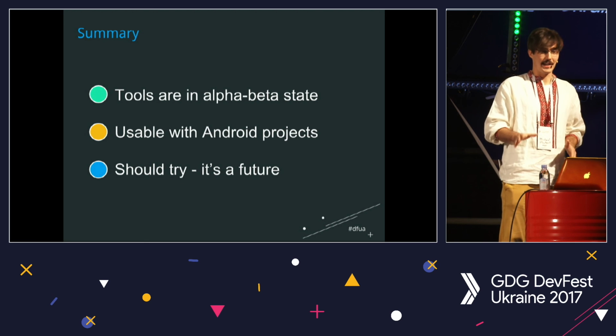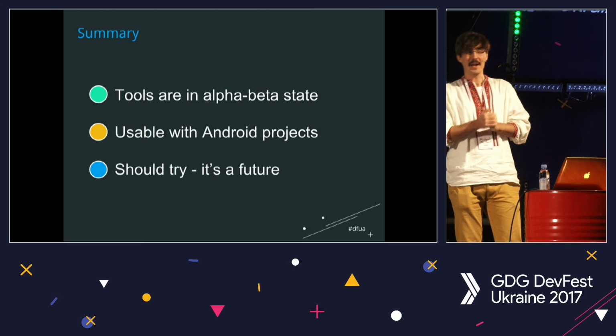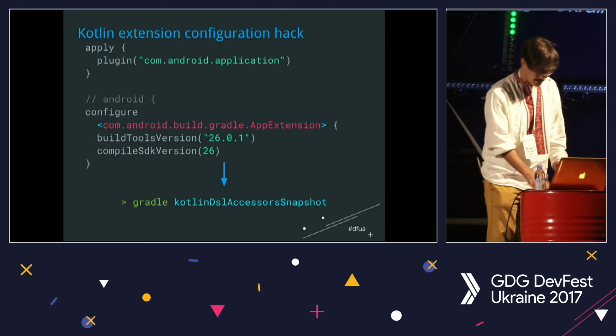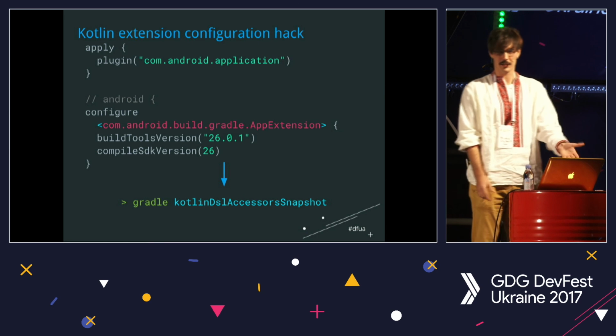Anyway, you should try it, because when it works, it's like magic. You have all the auto-completion stuff, documentation. It's really comfortable to work with your build script. And you understand what's going on. It's a pleasure.